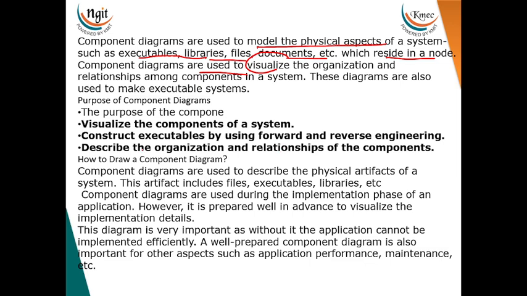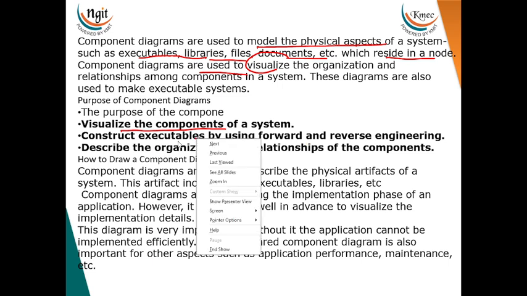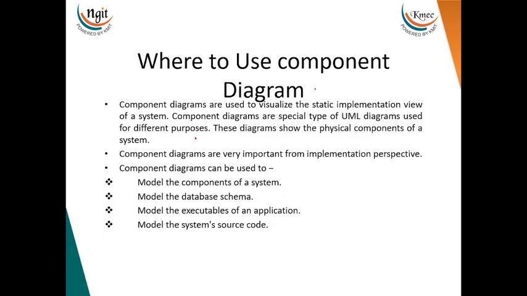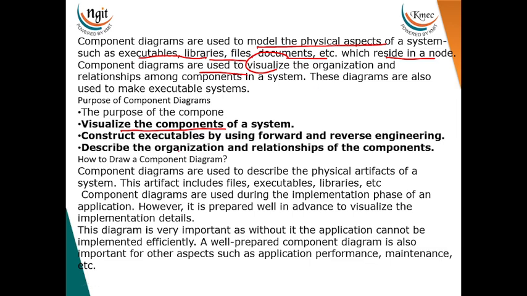The purpose is visualizing the components of the system and constructing executables by forward and reverse engineering. So it gives the physical aspect of the system components, and it gives you the visualization of the system.